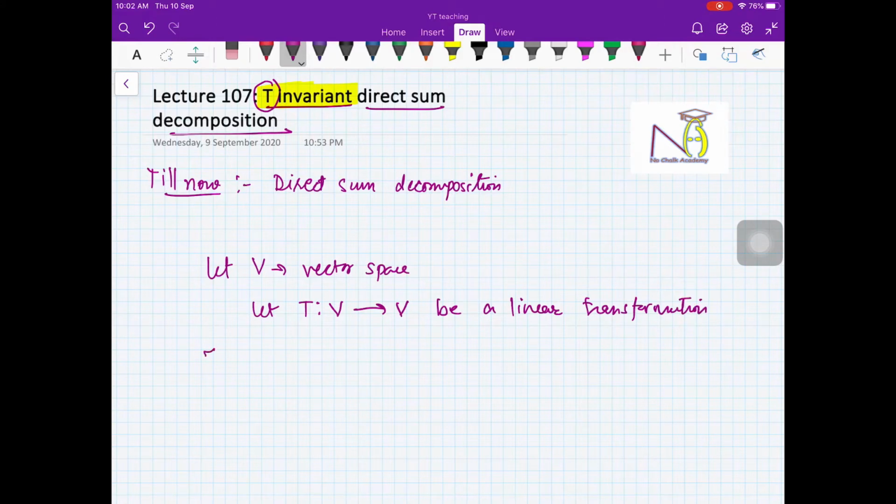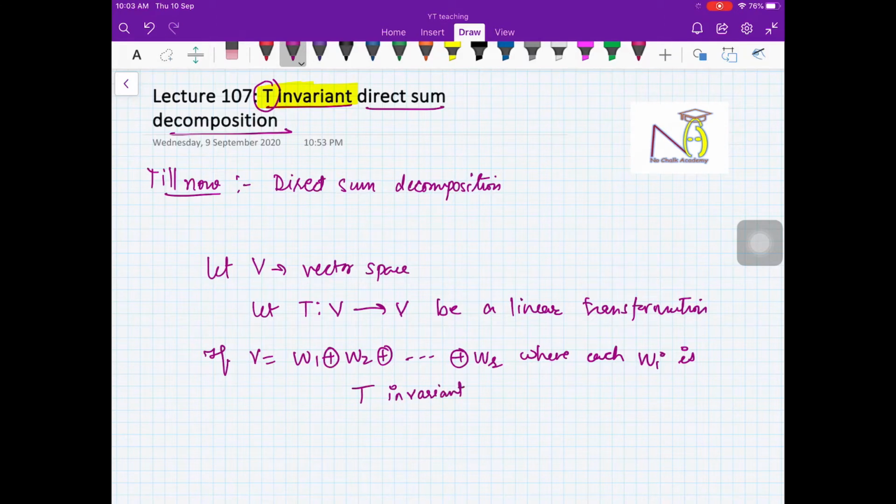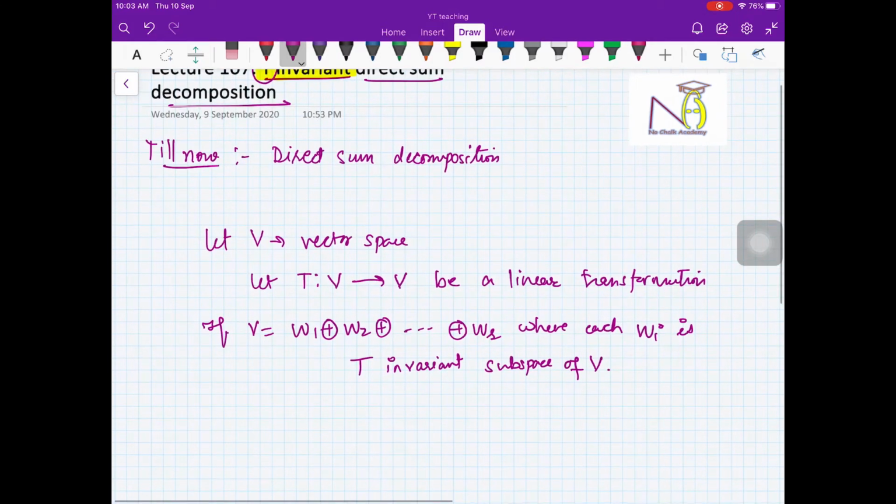If V is the direct sum of W1, W2, up to WR, where each Wi is a T invariant subspace of V. Now, what is a T invariant subspace of V? That means that we want T of Wi is a subset of Wi.